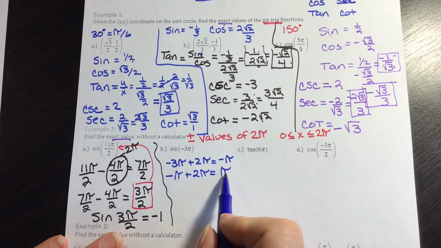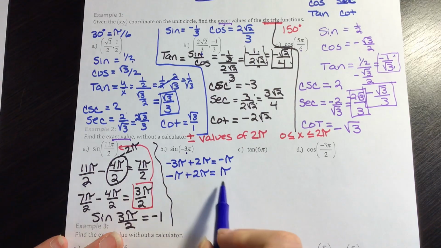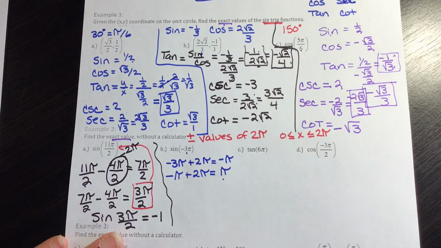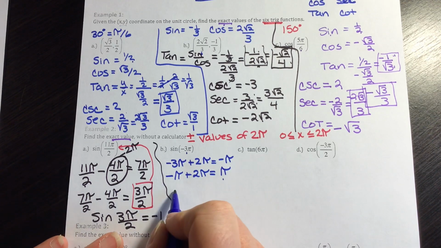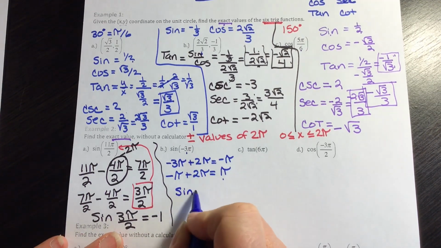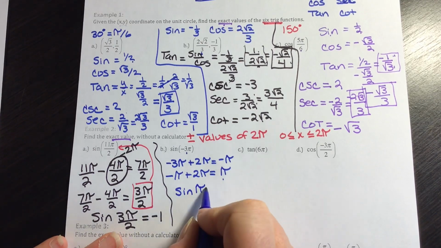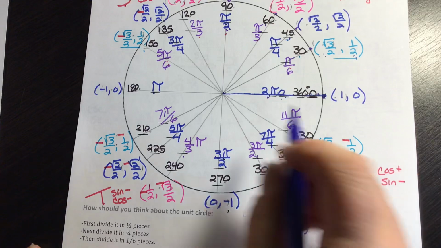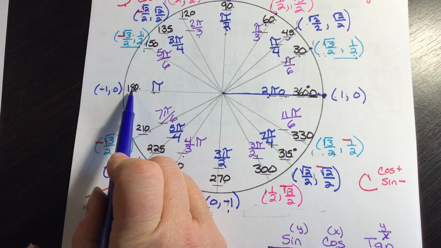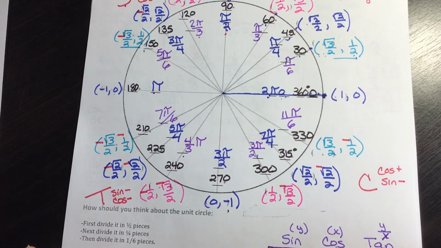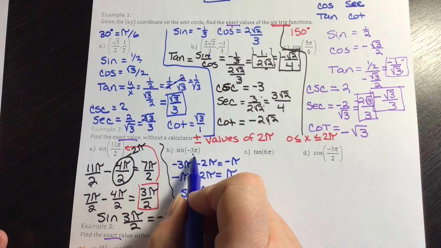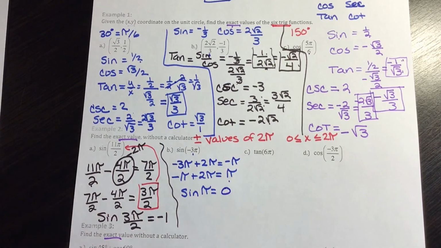So now -3 pi is the same coterminal angle as pi. Now I can look for sine of pi, and on my unit circle, pi is 180 degrees and the sine value is 0. So sine of pi or -3 pi are both 0.